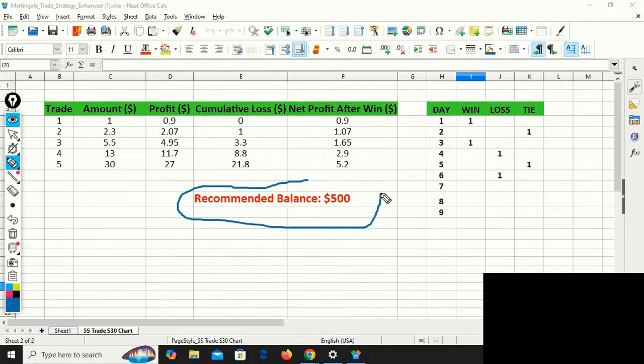Very important point. Recommended balance for this strategy is a minimum of $500. Why? Because you might lose in this case. This is around $24 in loss. If you chose to take the fifth trade and it's a loss, you will reach around $50 in loss. If you have a $100 or a $200 account, that's too much. That's what we call over leveraging your account.